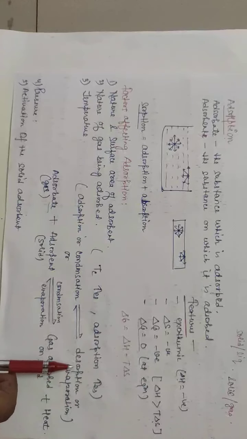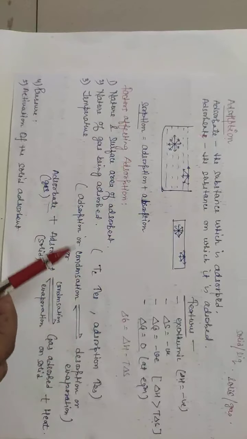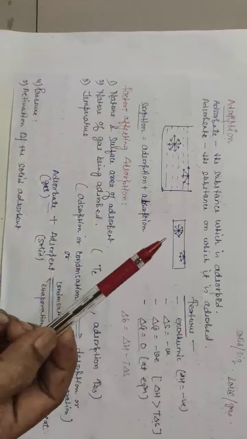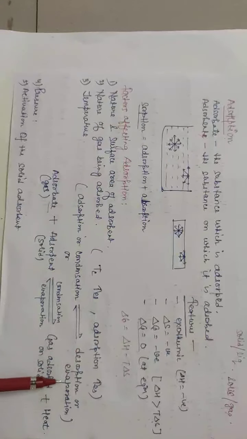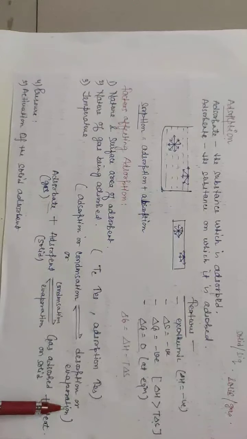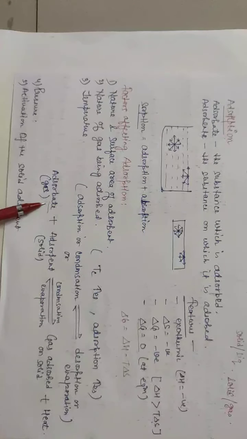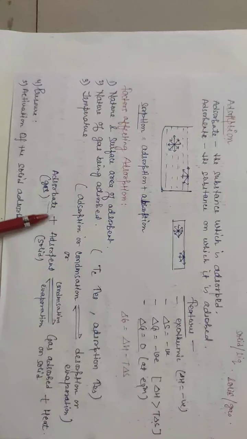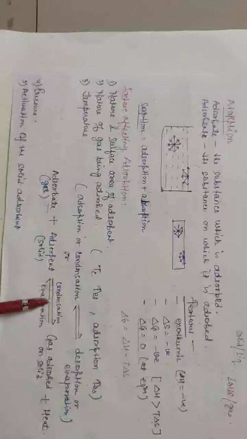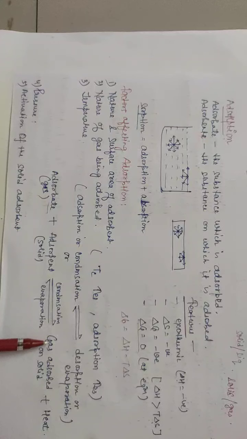The reverse of adsorption is desorption, in which the gases are removed from the surface, and we can also call it evaporation. Now what happens? Adsorbate plus adsorbent is a reversible process where gases are adsorbed on solid, plus heat of adsorption. It's an exothermic process and heat is released.